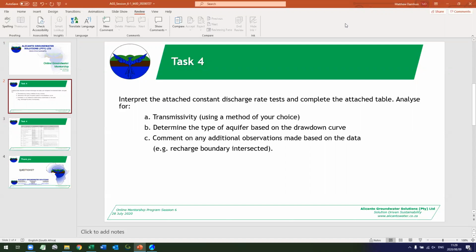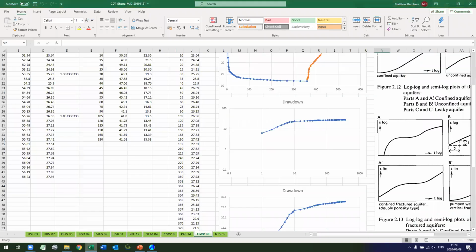Now, I'm just going to go through one example, covering the transmissivity, then the drawdown curve interpretation, and then any additional information from this. So to start off with, we're going to do borehole OWP8.